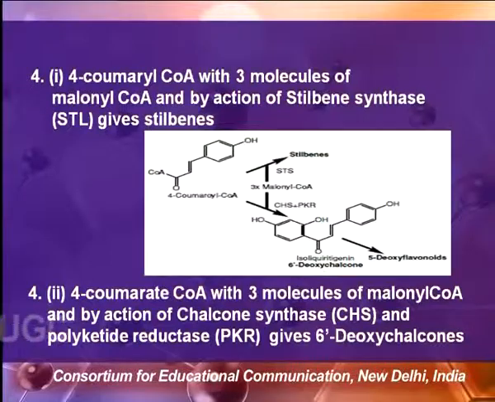This 4-coumaryl CoA again combines with 3 malonyl CoA molecules, and this reaction is catalyzed by chalcone synthase as well as polyketide reductase enzyme, and these enzymes give rise to 6-deoxychalcone molecules.